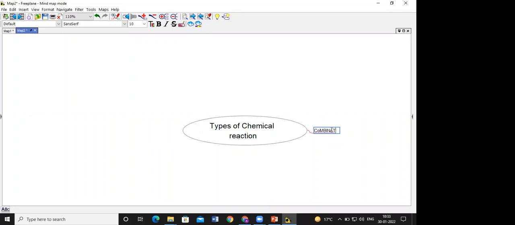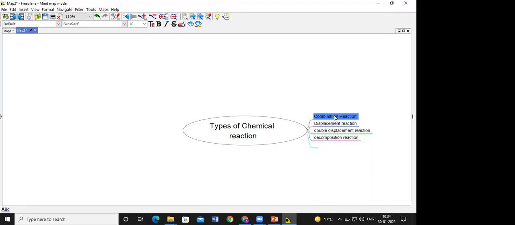I'm writing combination reaction, then displacement reaction, then double displacement reaction, decomposition reaction, and neutralization. Okay, so suppose these are the different reactions.